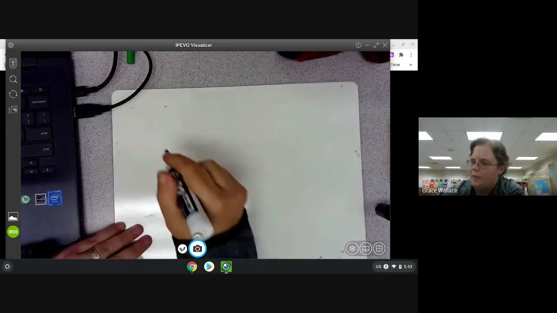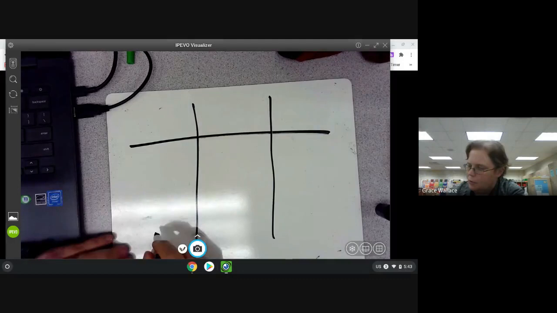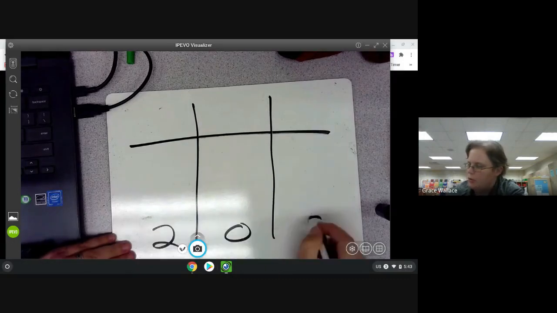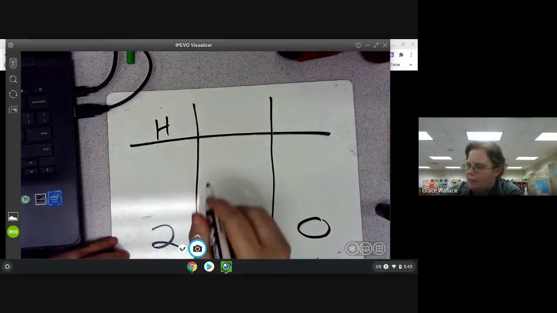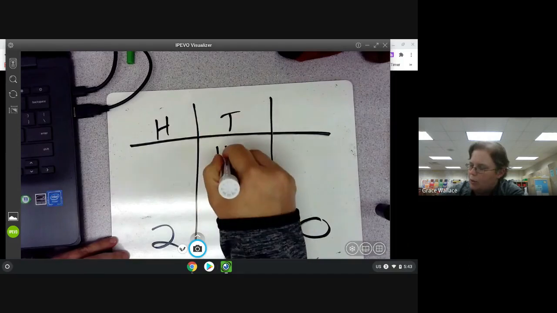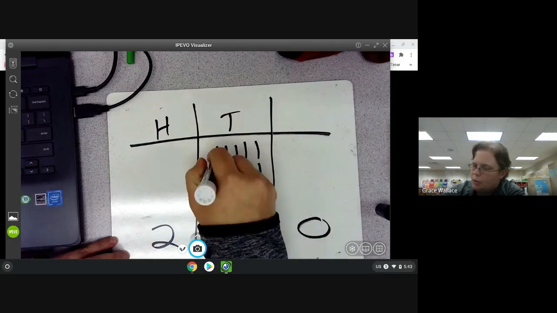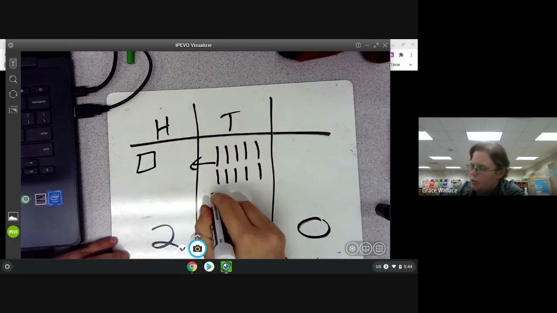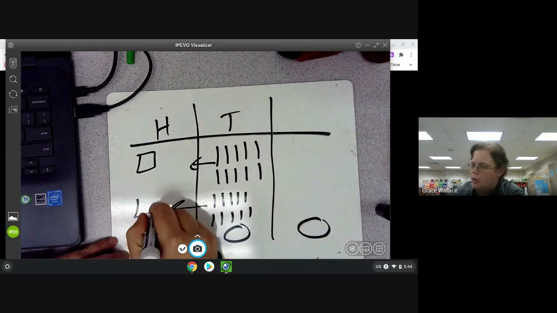Let's look at it this way. Here's my answer, I have 200. If I want to know how many tens I have, remember, this makes 100. That makes 100. 10 more would make 200.